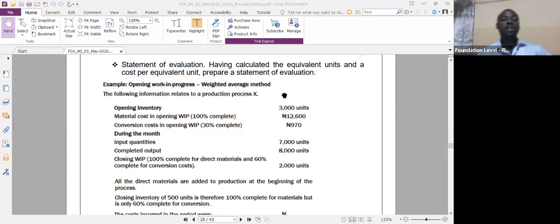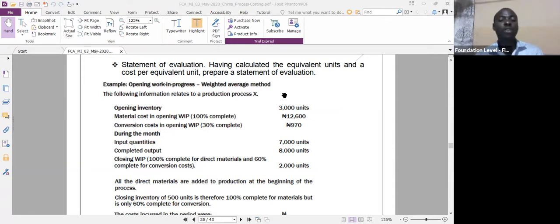So it means that we have opening work in progress, which is 3,000. We now put an additional 7,000 into it. So it means we have 10,000. But you see, completed outputs, we have 8,000. So it's as good as if the 3,000 that was opening has been completed, and out of the 7,000 that was put as input quantities, it feels like 5,000 is completed. So your completed output is 8,000.